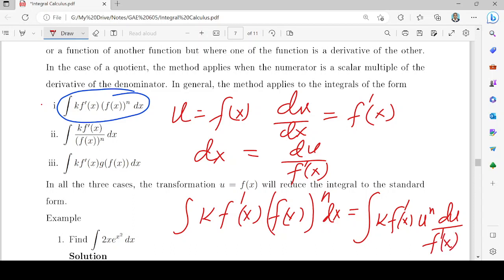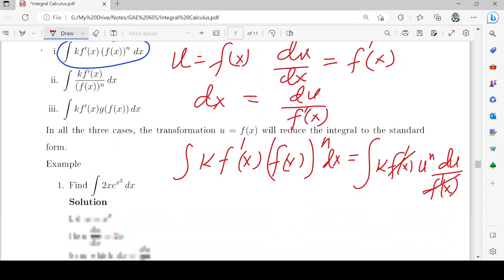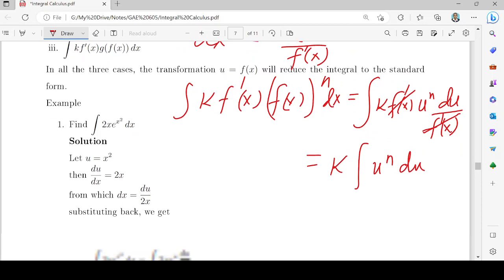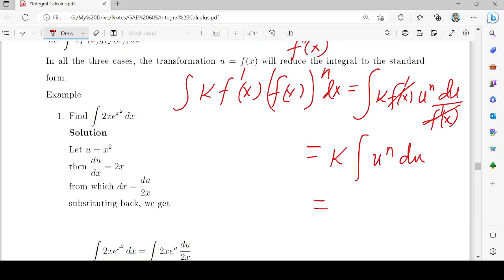And you see now f prime of x appears in both the numerator and the denominator, and this cancels out, so that we get k times the integral of u raised to power n with respect to u. And we can easily achieve the solution here by using the rules of integration: k u raised to power n plus 1 divided by n plus 1, plus some constant. So this is the idea about the algebraic substitution.